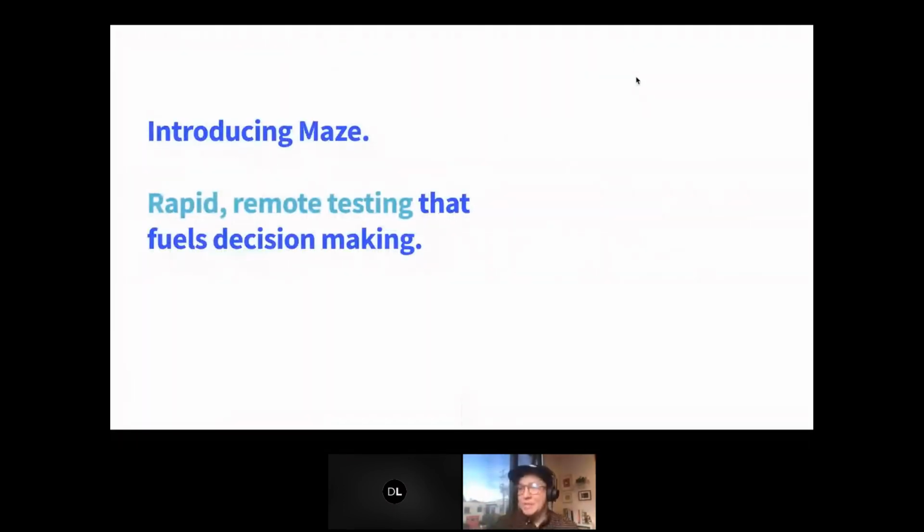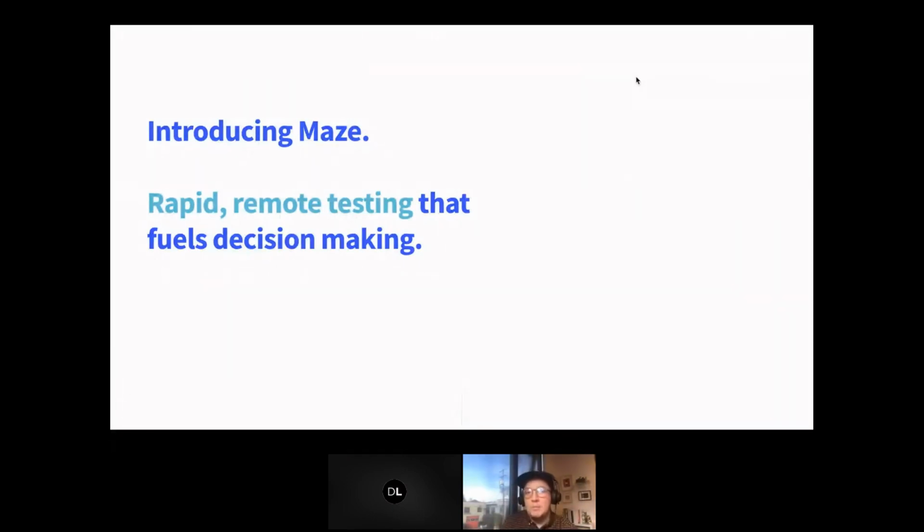And that's where Maze comes in. And obviously, I'm incredibly passionate about what Maze does and how this is helping to make a turn in the market, taking user research from something that was traditionally done in more of that labs style and more of that one-on-one qualitative environment to more of a rapid remote testing process that fuels that decision-making.